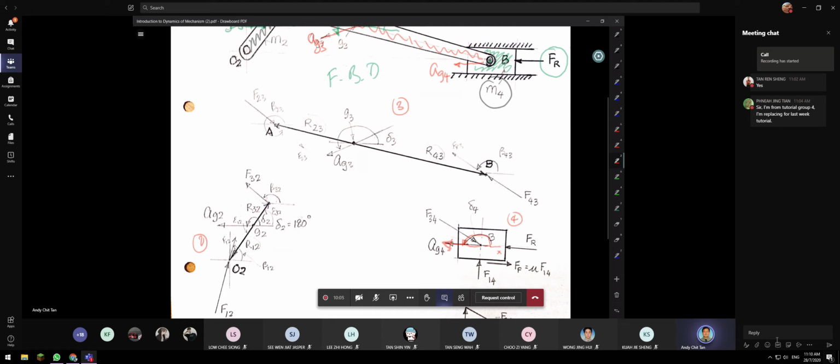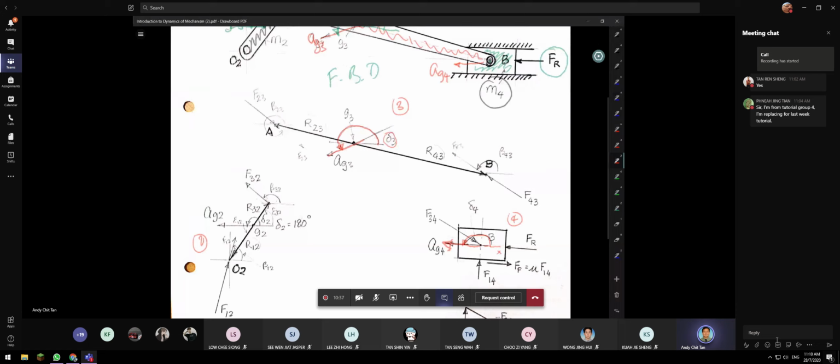For link number 4, we need to know the acceleration of G3 as well. You can work out the acceleration of G3 yourself, or sometimes it is given. The angle of AG3 starts from the x-axis and goes all the way here until you reach the arrow. This is your angle delta 3.